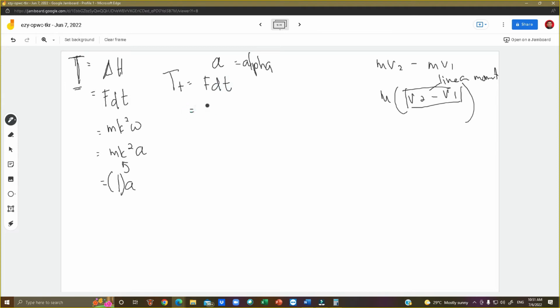Torque equals to mk square omega 2 minus mk square omega 1 ataupun change of momentum. Okay, angular momentum. This is angular momentum. And now we have impulse. Angular impulse is also equals to mk square alpha. The simplified version of change of momentum. Ataupun it can be I alpha. Ni sampai sini. Ini hanya formula saja.